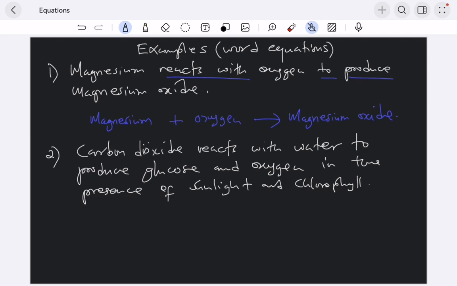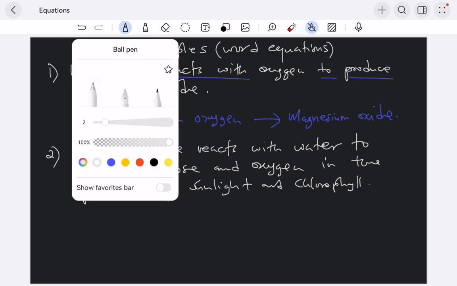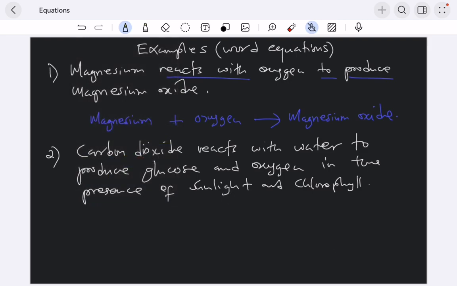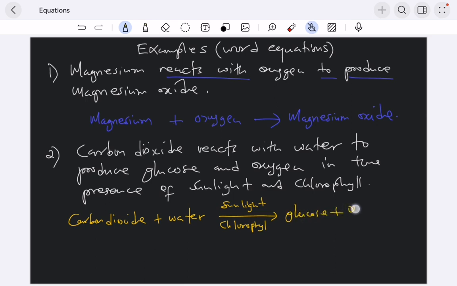So this equation is written as follows. We know that it's carbon dioxide plus water, then in the presence of sunlight and chlorophyll, this produces glucose plus oxygen.